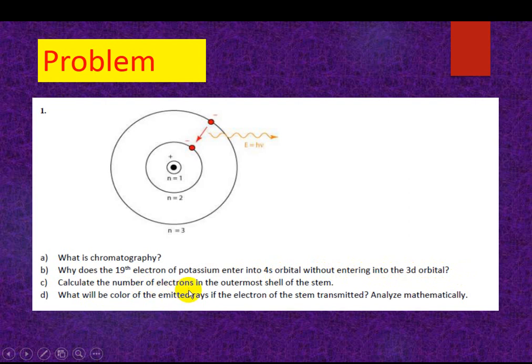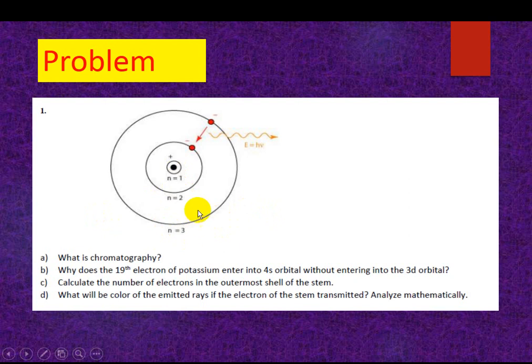And calculate the number of electrons in the outermost shell of the atom. Okay, I have given a question. Which one is the outermost shell? Shell N1, N2, N3. Sir, N3.